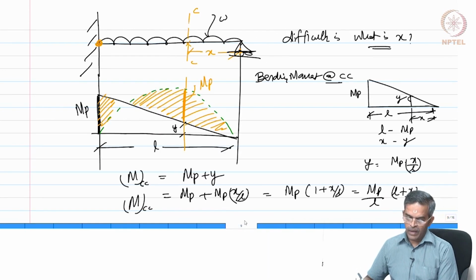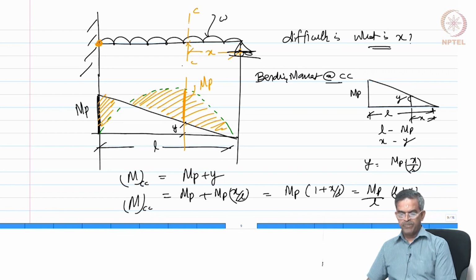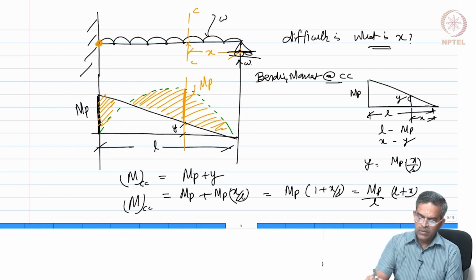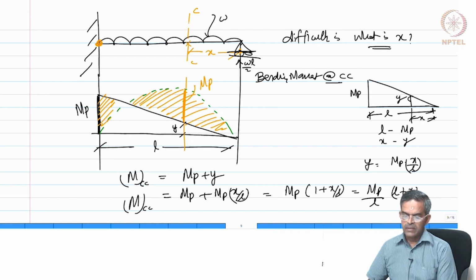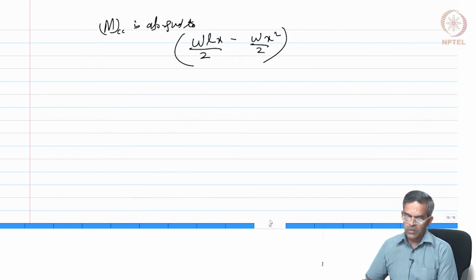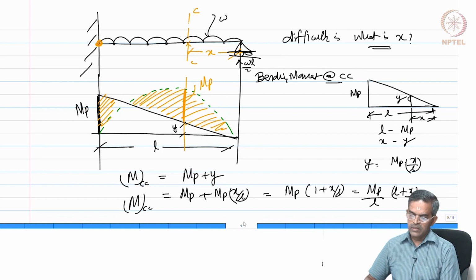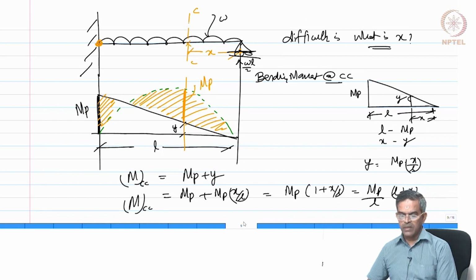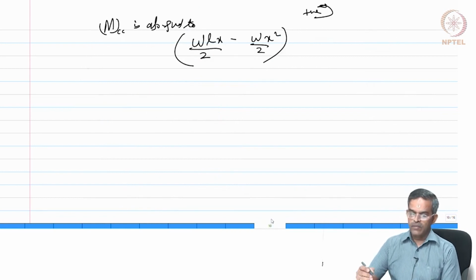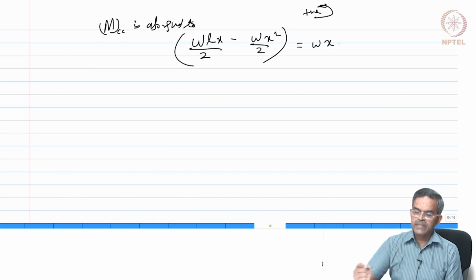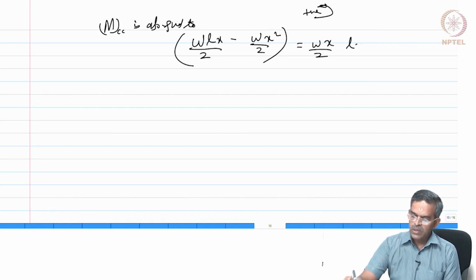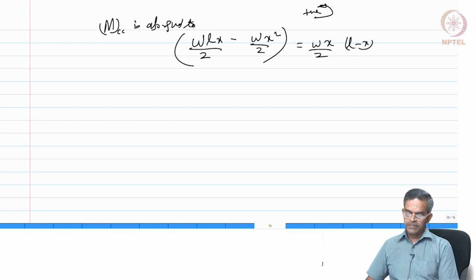Just see here, I want to find moment at CC. So, this reaction is WL by 2 and this is X. So, WL by 2, I am taking anticlockwise positive. So, WLX by 2 minus WX square by 2, which will become WX by 2 times (L minus X), am I right?